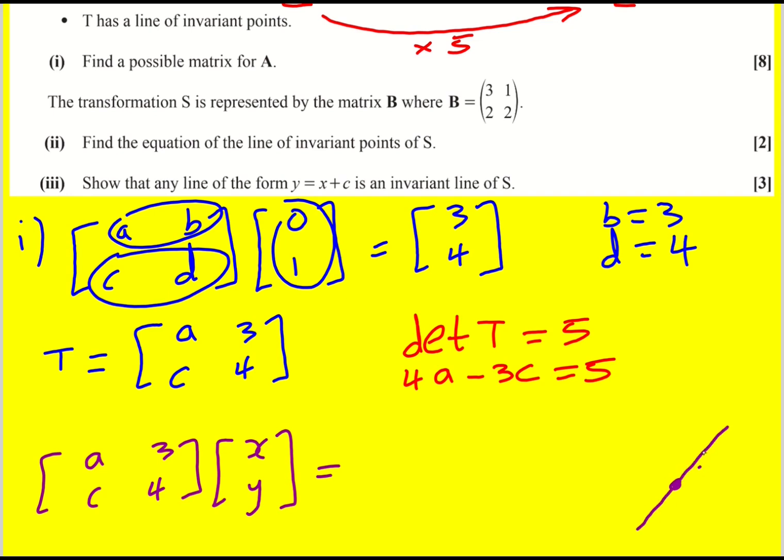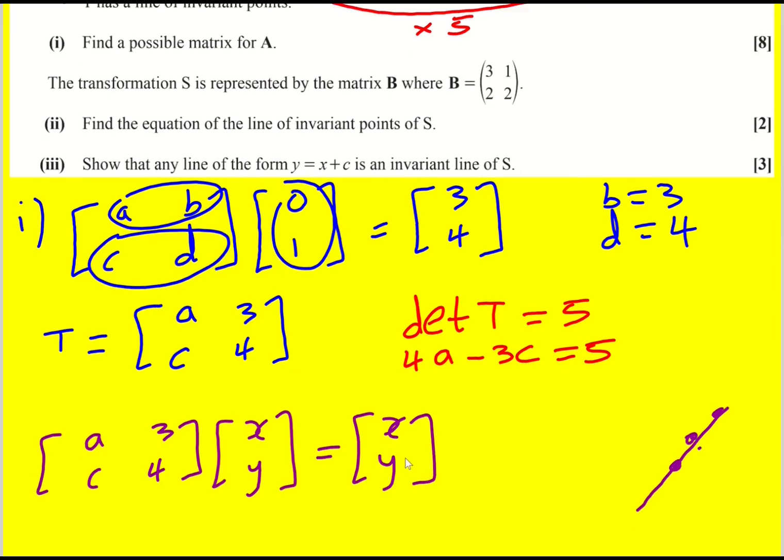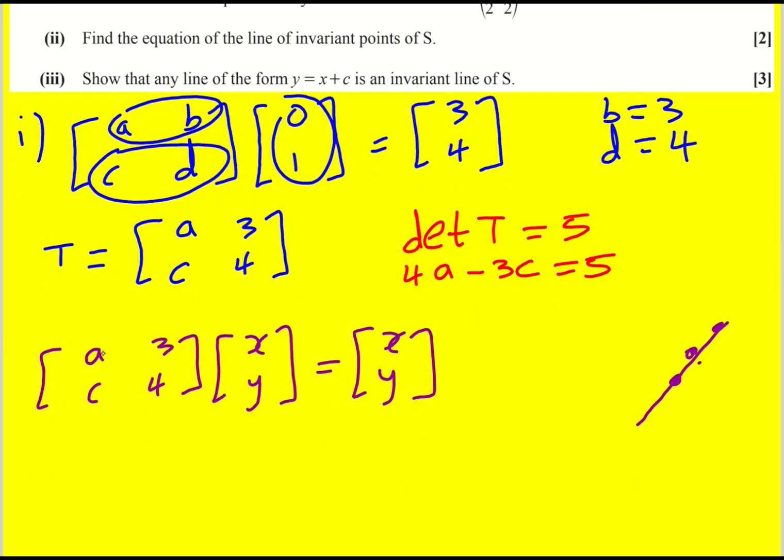But there's a whole line of them, so all of these points will stay the same after we multiply by the matrix, which means we multiply this coordinate (x, y), essentially written as a vector, and it's going to take us to (x, y). Which means when I multiply this out, I'll get ax plus 3y equals x, and cx plus 4y equals y.